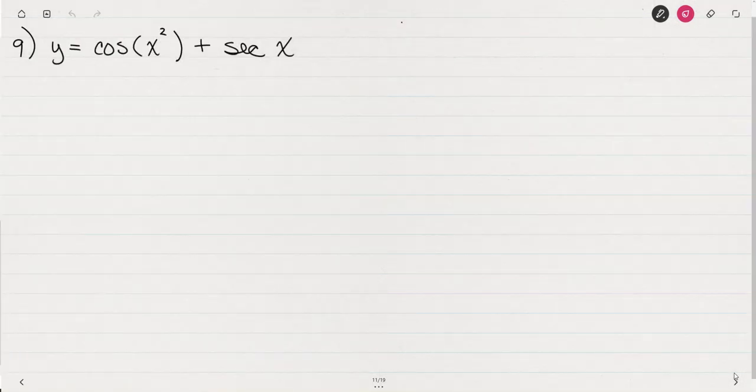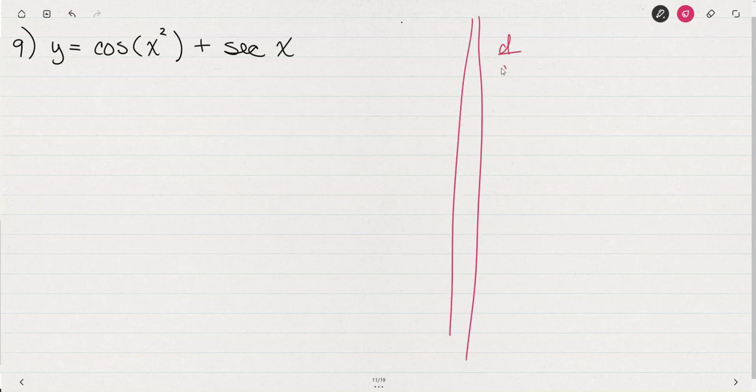Let's look at a derivative where we're applying the chain rule and using some trig functions. We've got to start by having in mind that the derivative of cosine is going to be the opposite of sine. The derivative of secant x.